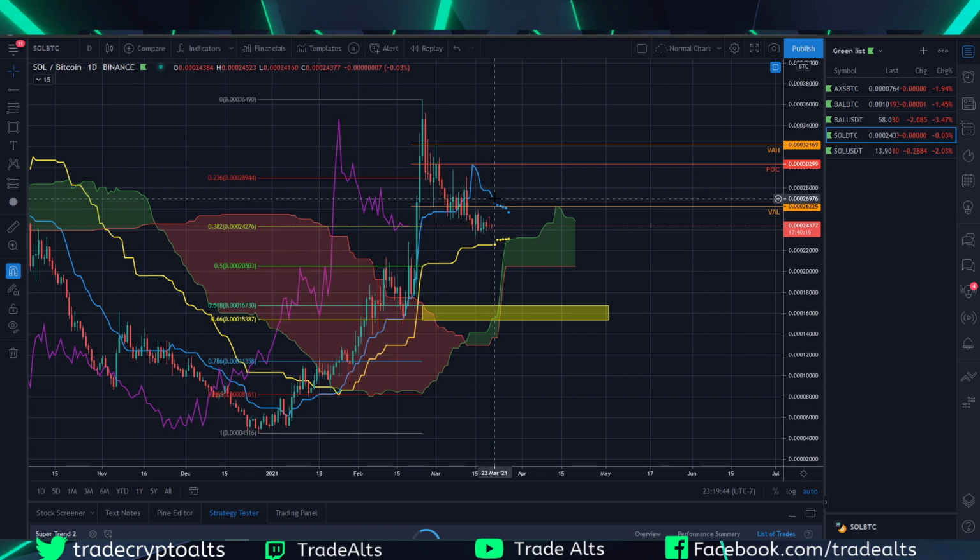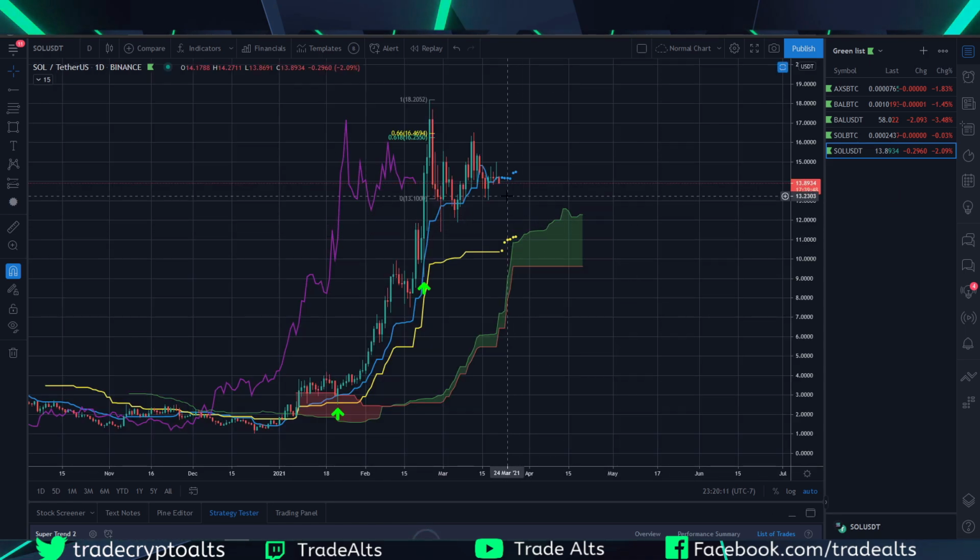That's one thing that I don't like, this Tenkan right here has a negative slope. So you can see that your Tenkan and your Kijun are converging on each other. Things are just getting really tight around this area. So we're just going to have to see what plays out over the next few days to potentially a few weeks.